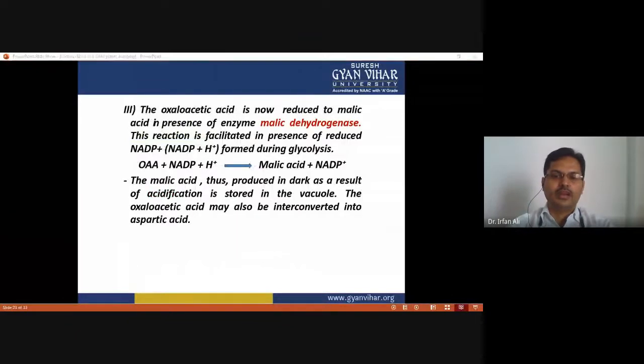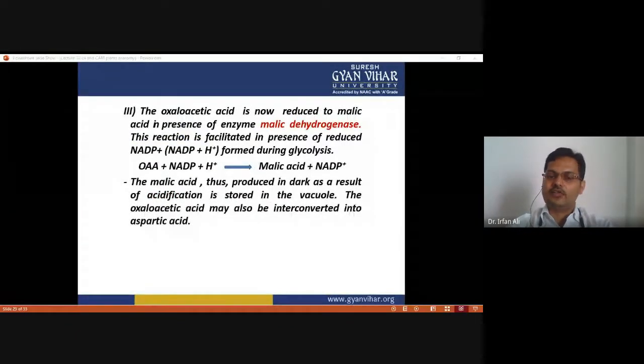Now this oxaloacetic acid is reduced to malic acid in the presence of the enzyme malic dehydrogenase. This reaction is facilitated by reduced NADP or NADH that forms during glycolysis.